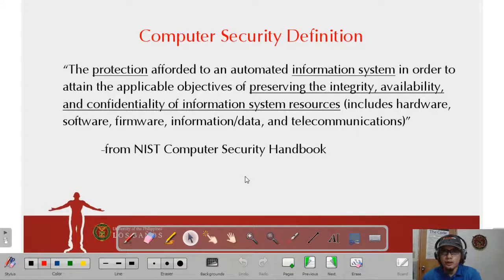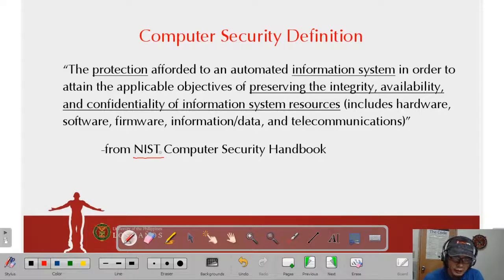Let's start with the definition of computer security. Computer security has been a subject of study for a time already. That's why some standards organization bodies have established a definition for computer security.